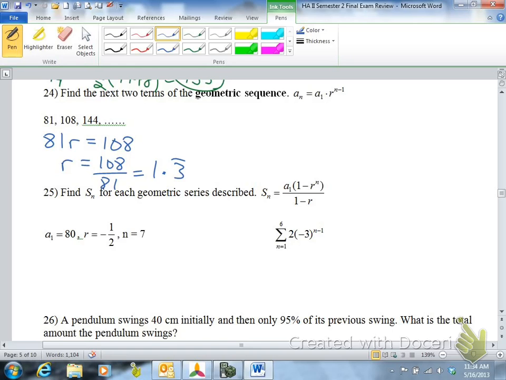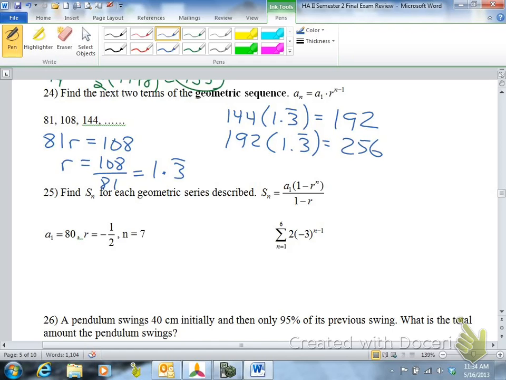To find the next two terms, you take 144 times 1.3 repeating. We'll say that's 192. And then 192 times 1.3 repeating, and we'll say that's 256. You can check my multiplying later.